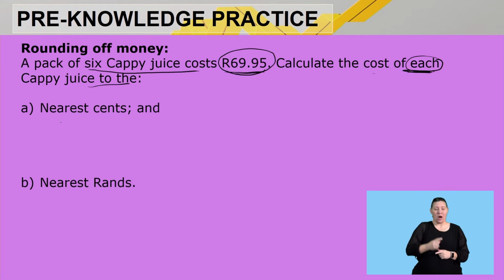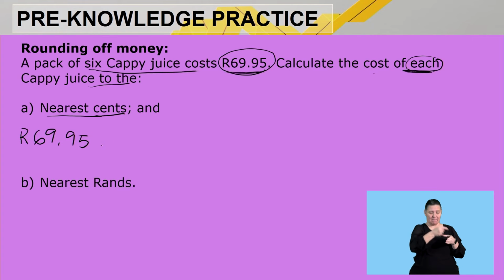We need to round off our answer to the nearest cents firstly, and thereafter to the nearest rands. Starting with what we are given, the price of this 6-pack is 69 rand 95, and to have the cost of each, we are going to divide by 6 because there are 6 inside this pack.